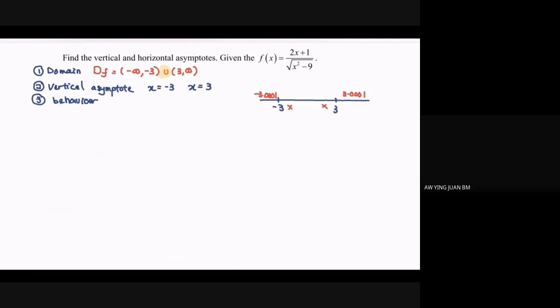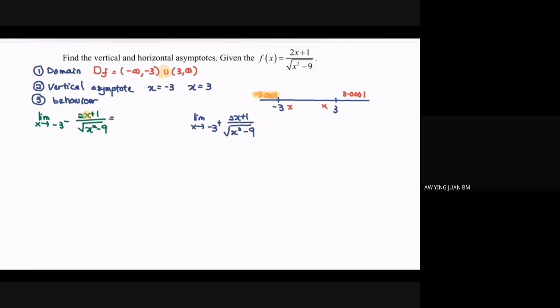So we have limit when x approaching negative 3 from the left for the function 2x plus 1 over square root of x squared minus 9. Next, limit when x approaching negative 3 from the right for the function. So now, first what we have to do is to substitute the value. If we substitute this value into this part, we will have a negative value plus 1.